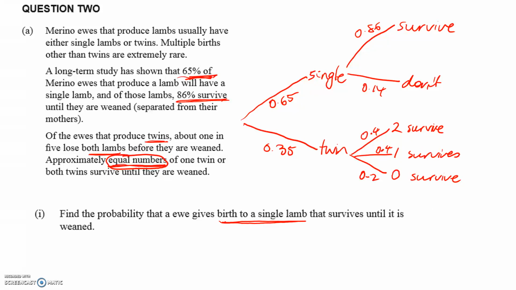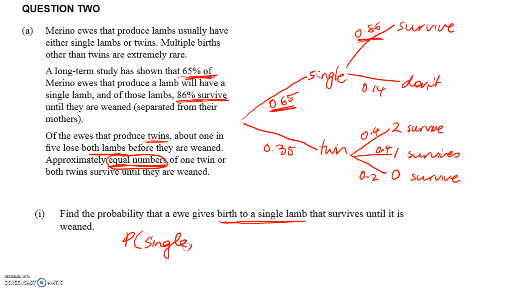So the first question is to find the probability that a ewe gives birth to a single that survives until it's weaned. So that works out to be, we're just following down this branch, so 0.65 times this one here, 0.86.